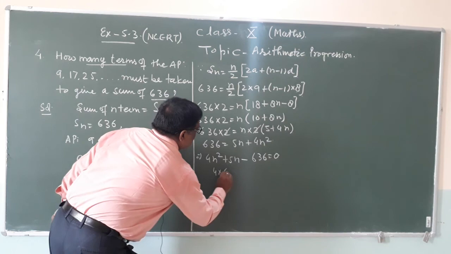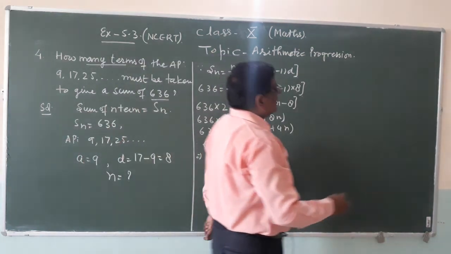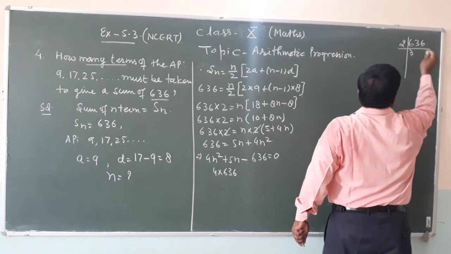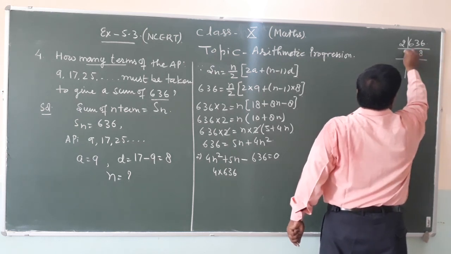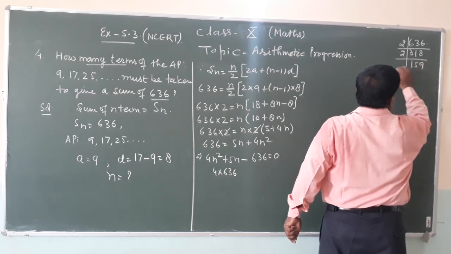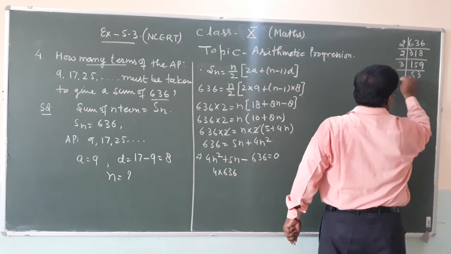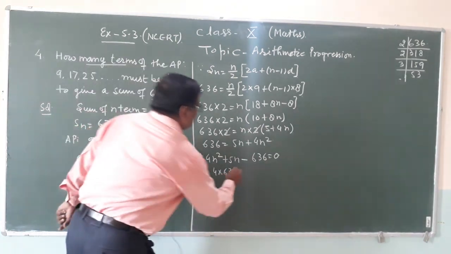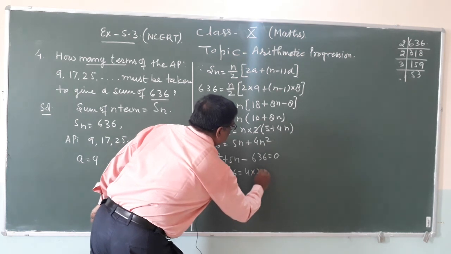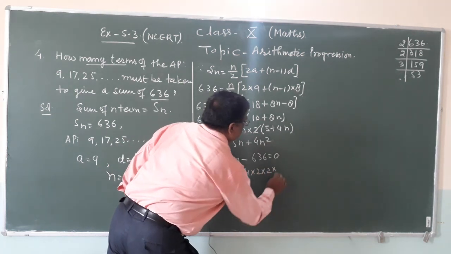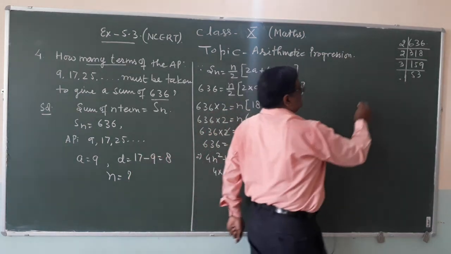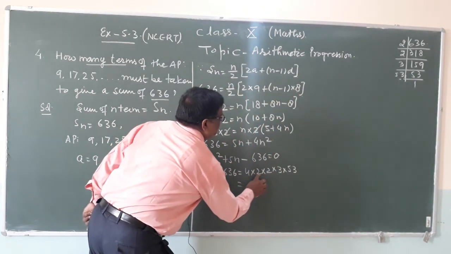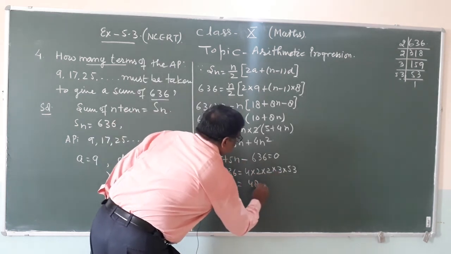Multiply 4 into 636. The factors of 636 are 2, 2, 3 and 53. So 4 into 636 is equal to 4 into 2 into 2 into 3 into 53, which can also be written as 48 into 53.